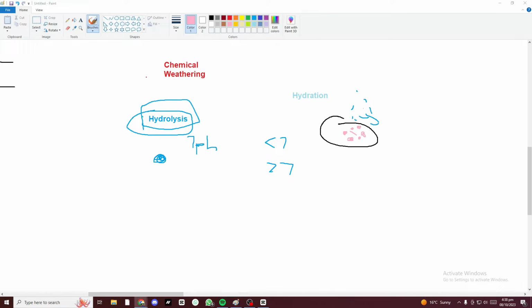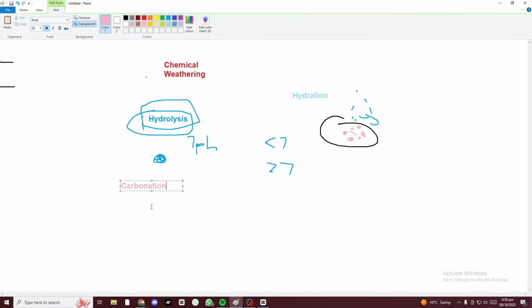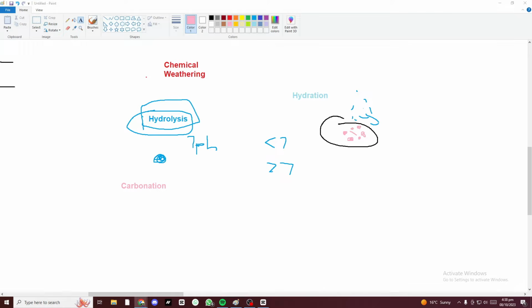Okay, and then finally we have carbonation. So carbonation occurs mainly when acid rain breaks down limestone or chalk. So carbonation occurs when we have acid rain. So it rains, acid rain, remember that, acid rain.